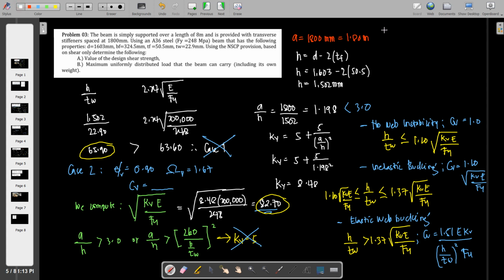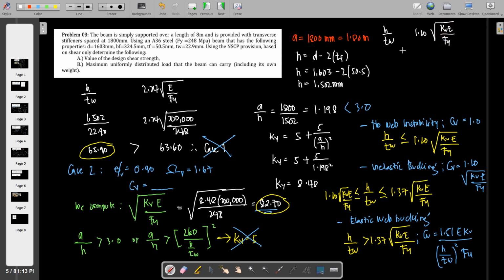So, H over TW, compare it to 1.1 square root of KvE over Fy, no?